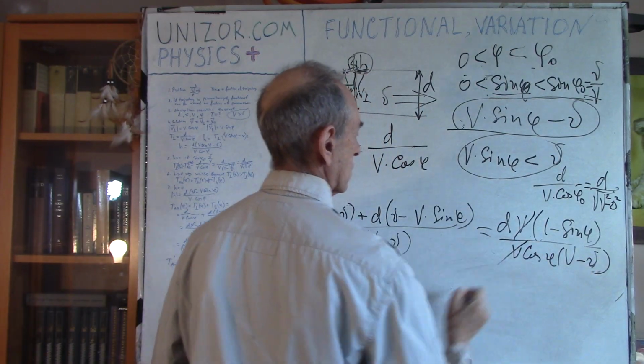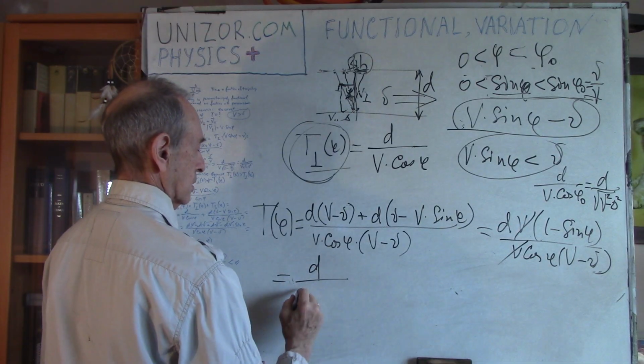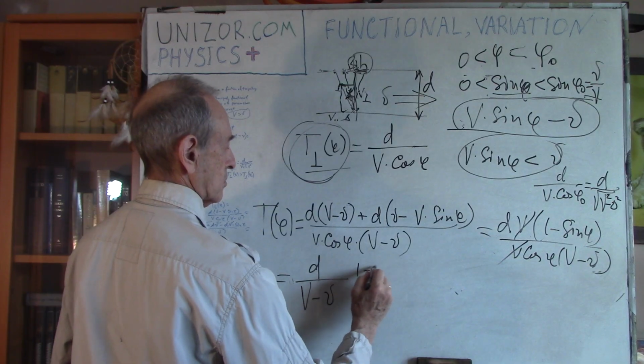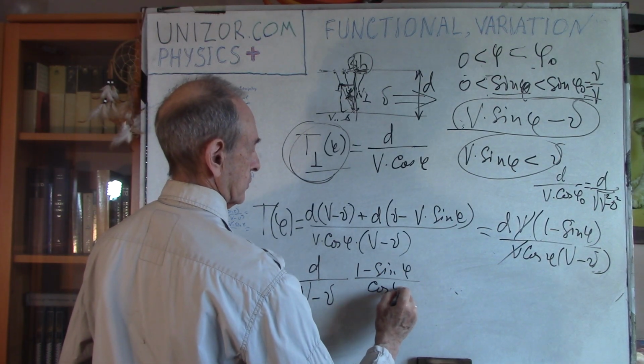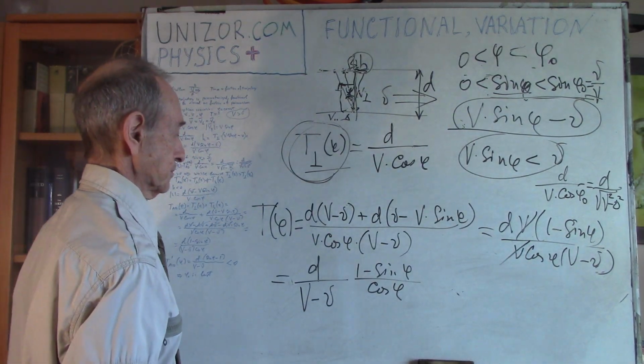This V goes down, so we have d divided by V capital minus lower, times 1 minus sine phi divided by cosine phi. Very simple function.